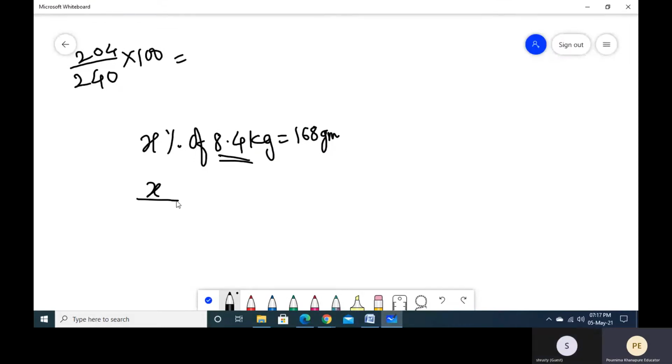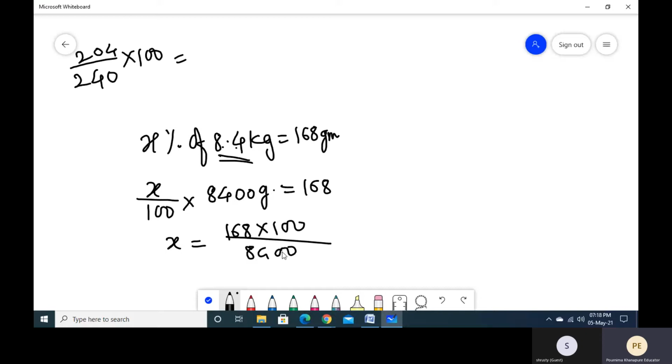So x percent means x upon 100 into 8.4 kg, which is nothing but 8400 grams, is equal to 168. Just solve it. x is equal to 168 into 100 upon 8400. So the 0 will get cancelled. So x is equal to 2%.